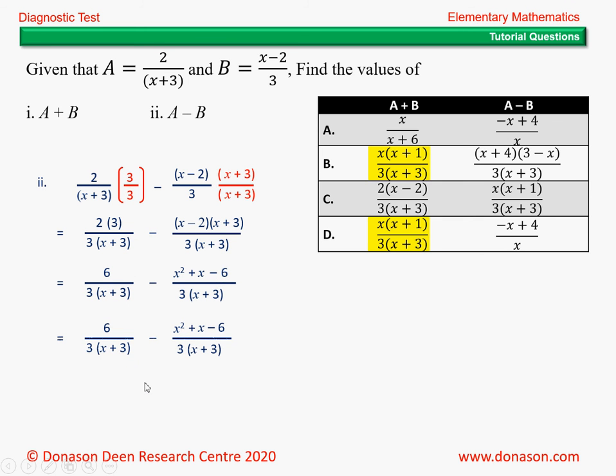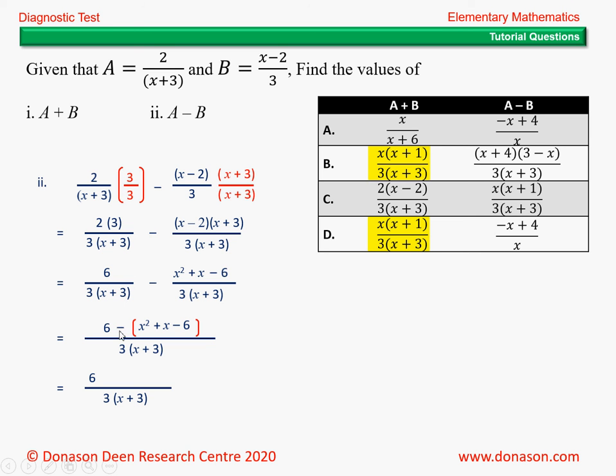And therefore it's very important for you to put a bracket, so that you do not end up making any careless mistakes. So you can see that I have included a bracket for the numerator of the second fraction, because there is a negative sign.